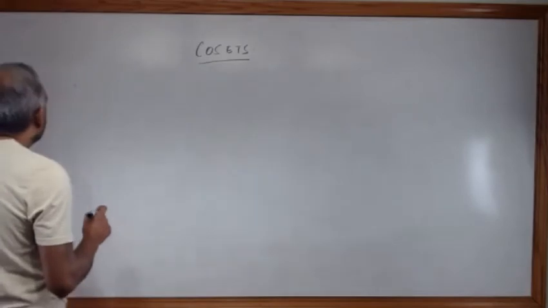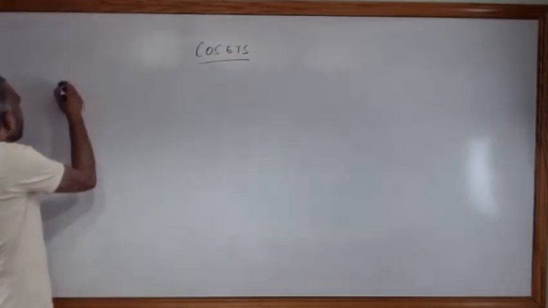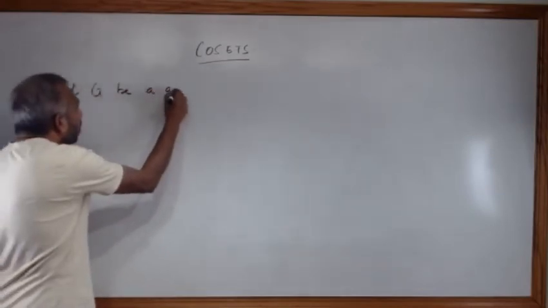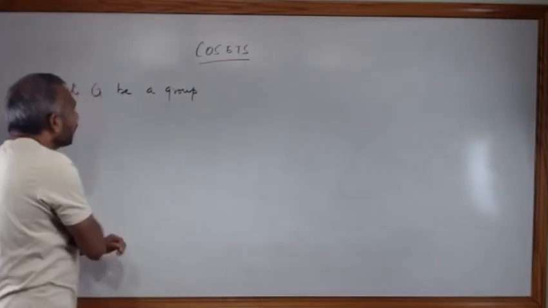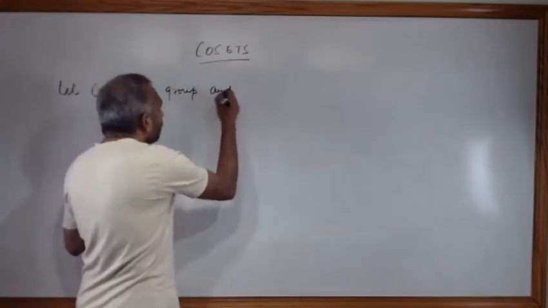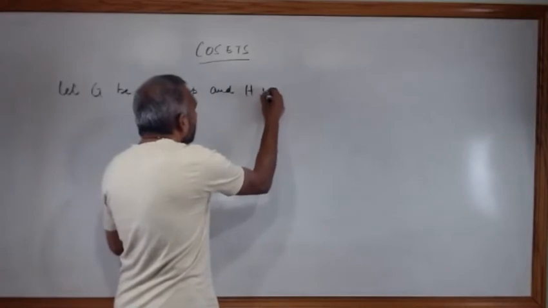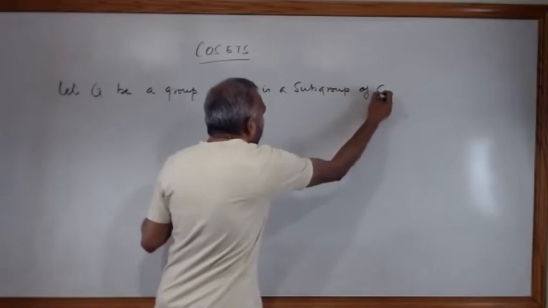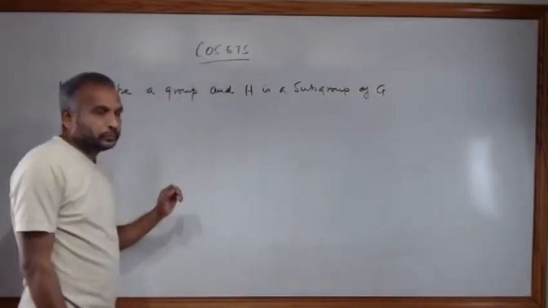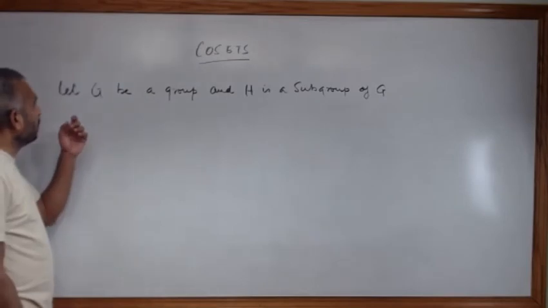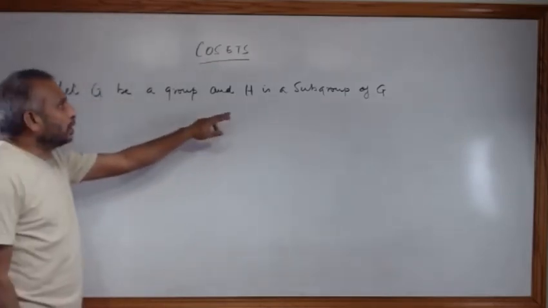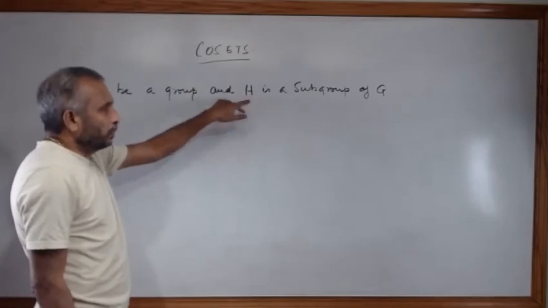Our idea is to take a group, let G be a group, and H a subgroup of G. Then we are actually going to divide G into some equivalence classes based on the subgroup.